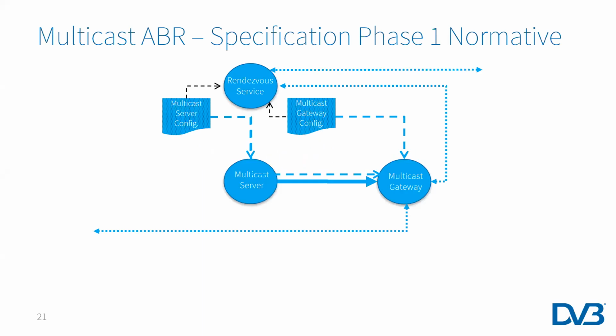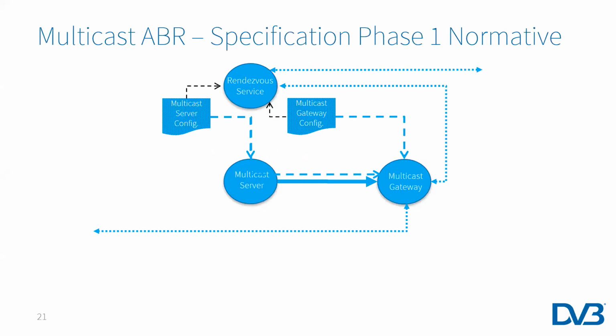It is the first entity contacted by the player, and it does access control and checks whether the requested service is indeed multicasted over the ABR multicast. So now we're going to see what we have specified and standardized in this spec.